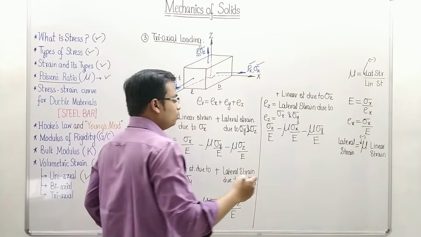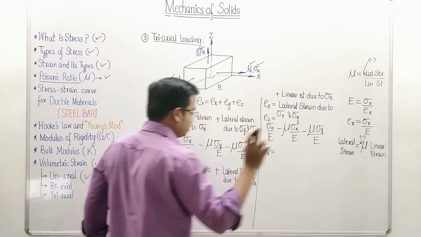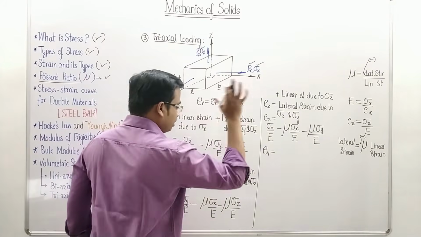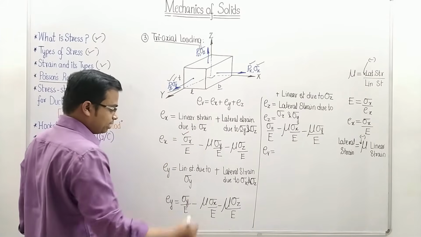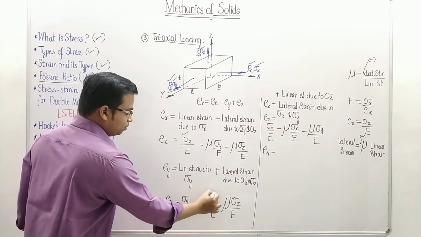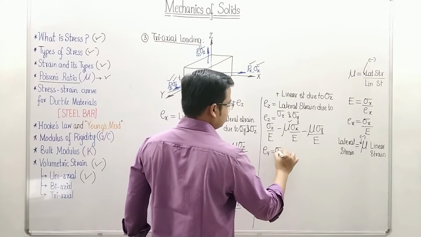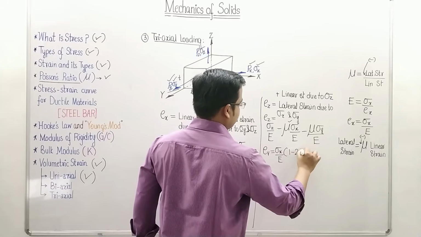And when you have to find the total value of the volumetric strain, you take a sum, Ex plus Ey plus Ez. When you do that, what will happen? Let me tell you. Sigma x over E can be taken as common, minus mu and minus mu. Let me just write it over here. Sigma x over E times 1 minus 2 mu.